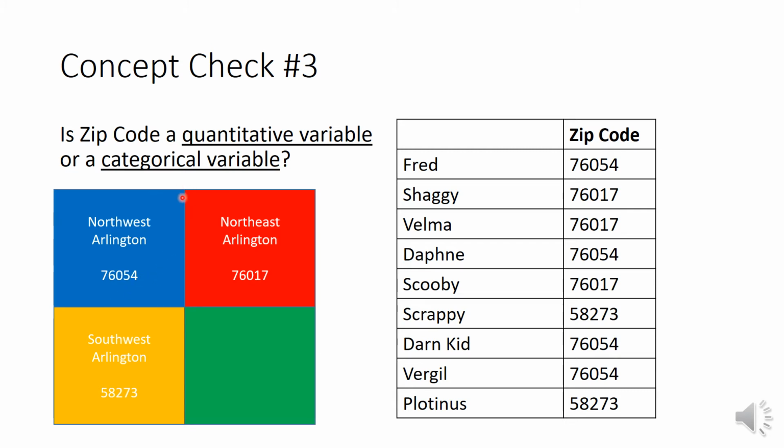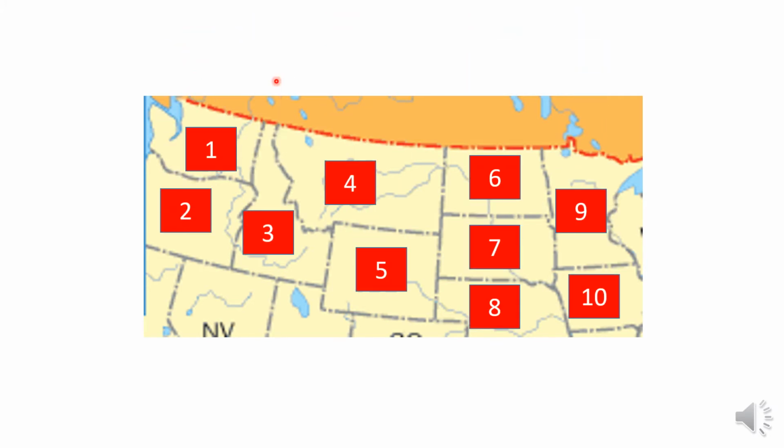All right. Let me give another example which might further help in understanding this distinction. So here we have different states. All right, Washington, Oregon, Idaho, Montana, Wyoming. Now what I could do is instead of having these abbreviations, I could just refer to Washington as 1.